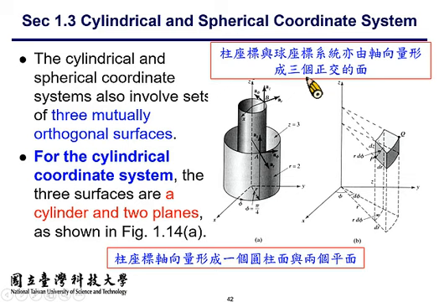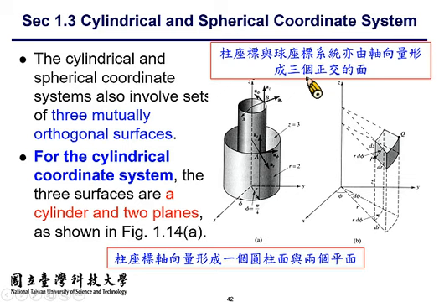So this is a uniform direction. However, in the polar coordinate system, all right, suppose at this point, what is the r direction at this point? It's pointing this way.